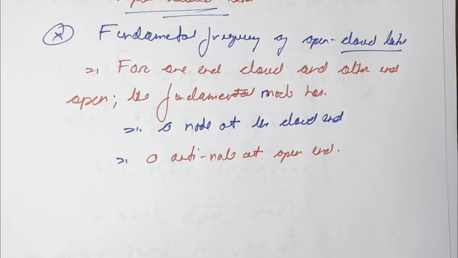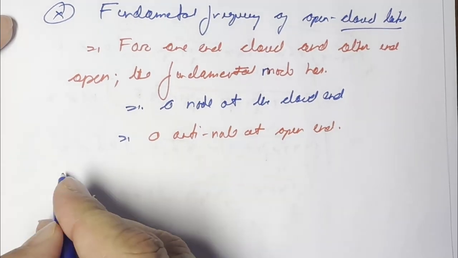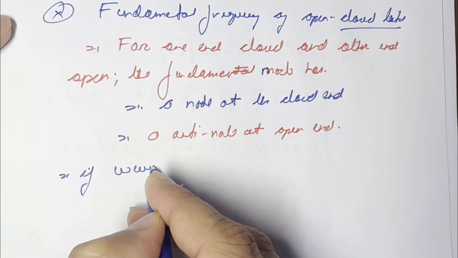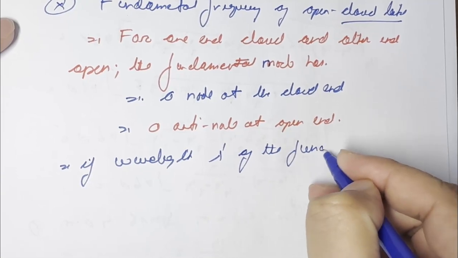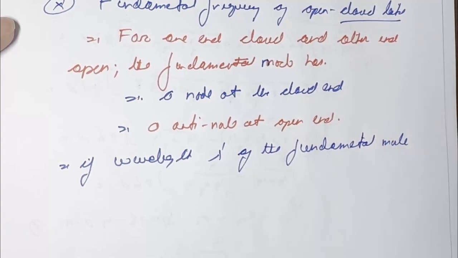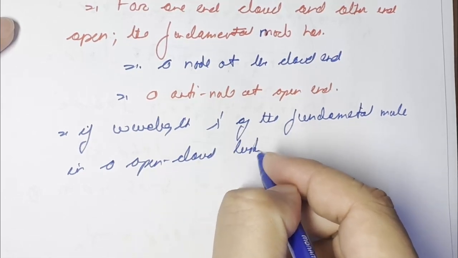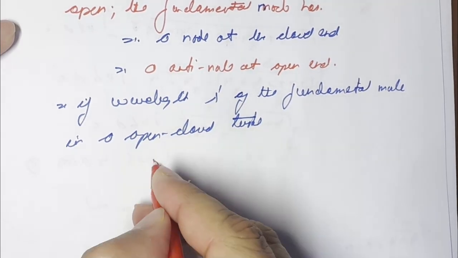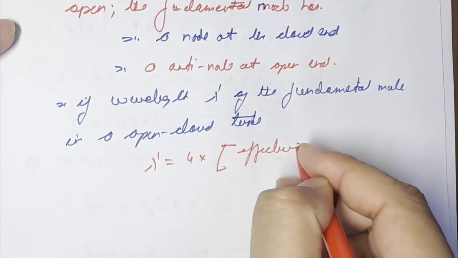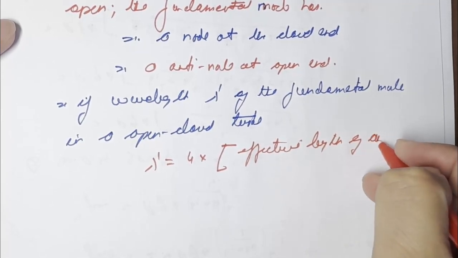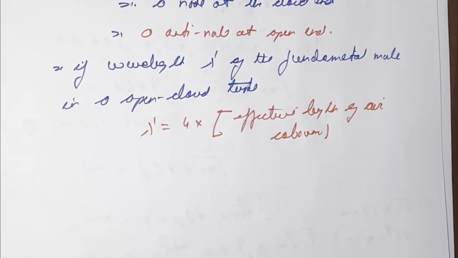So if lambda prime is the wavelength of the fundamental mode in this condition, an open closed tube, then we can say that lambda prime is equal to 4 times the effective length of the air column, and the effective length of the air column is L by 2.